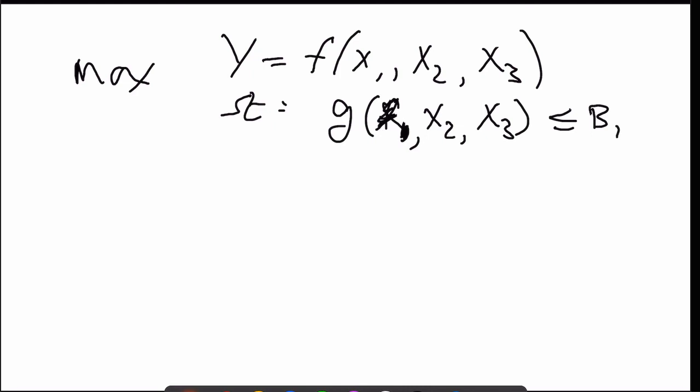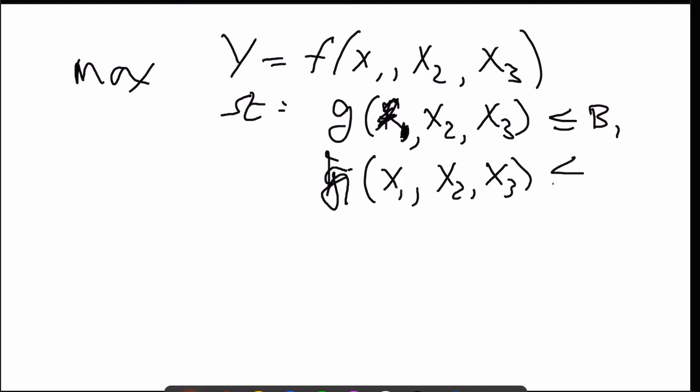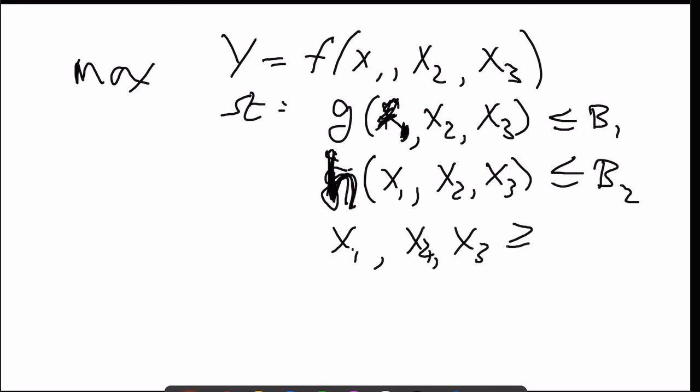And I could have another g, right? Or I could have an h function. So I can have as many functions as I want, right? Call that h, right? And then I have x1, x2, and x3 are all greater than or equal to 0. So I have this whole shooting match.